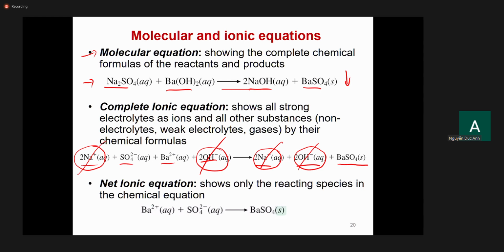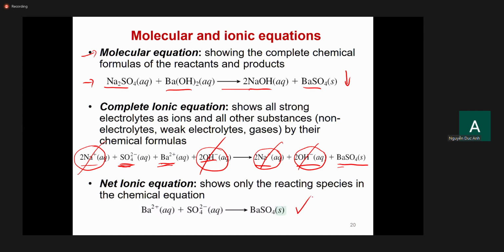Okay, the net ionic equation means this kind of reaction will show only the reacting species in the chemical equation. It's only barium 2 plus and sulfate 2 minus, sorry, to form barium sulfate. Okay, and you get this one.